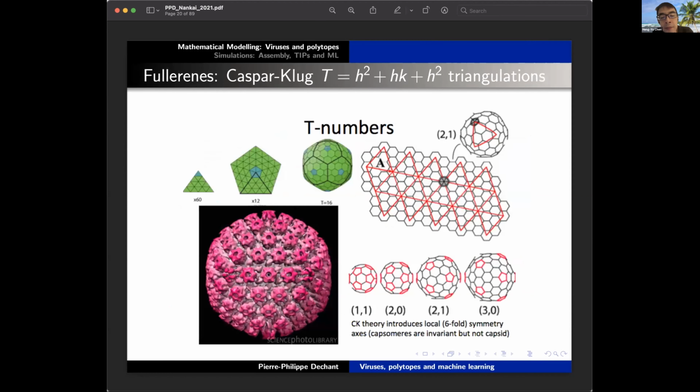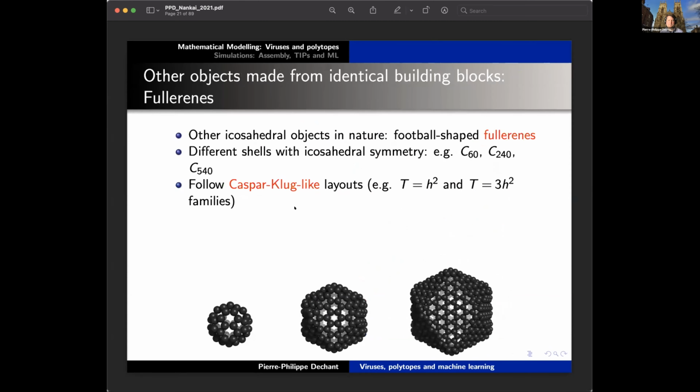Yeah, I should have said how huge these guys are. I've got a slide with them all on later, but I've eliminated that for now. So fullerenes follow exactly the same sort of design principles, and because they all use the same carbon bond length, you would expect them to follow the same sort of scaling relation as well. So these fullerenes have similar versions.